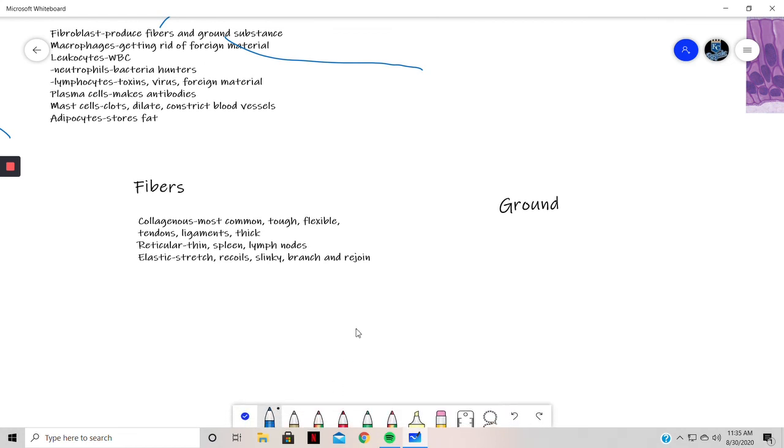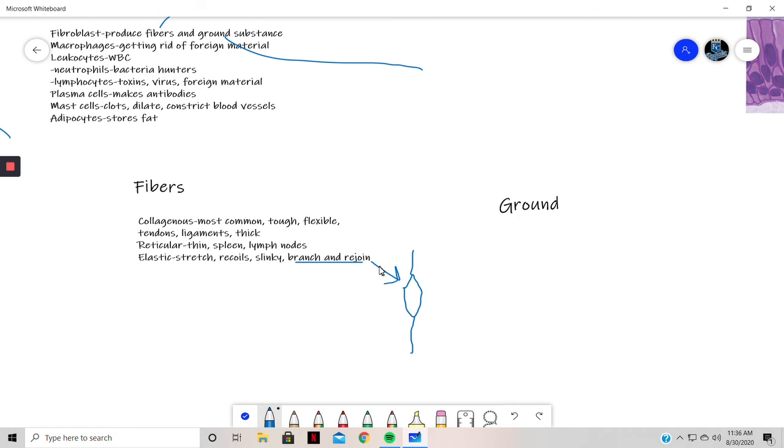Let me get a little pen here, and when I say branch and recoil, what we're talking about is the elastic fiber can be coming along like this, and then it can kind of split, and some of it goes this way, some of it goes this way, and then at some point in time it comes back together like that. So when we say branch and rejoin, that's what we're talking about. So let me just draw this right here. That's branch and rejoin, just so you can have that in your notes.